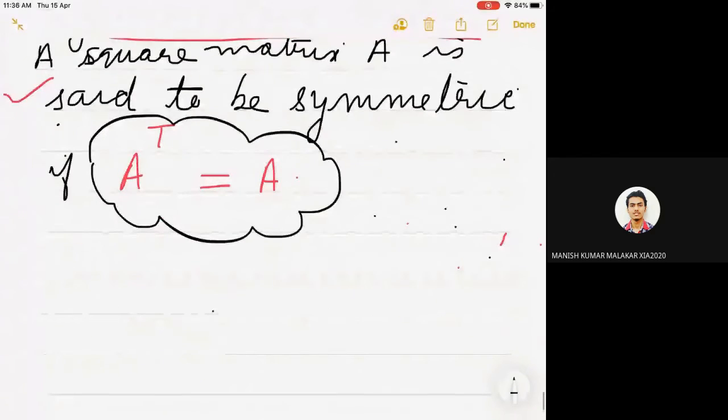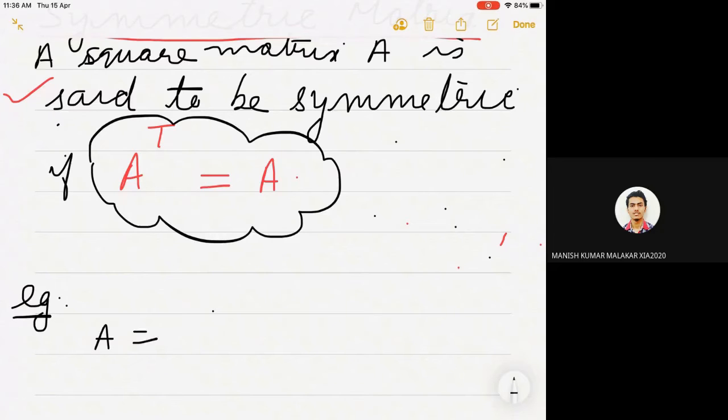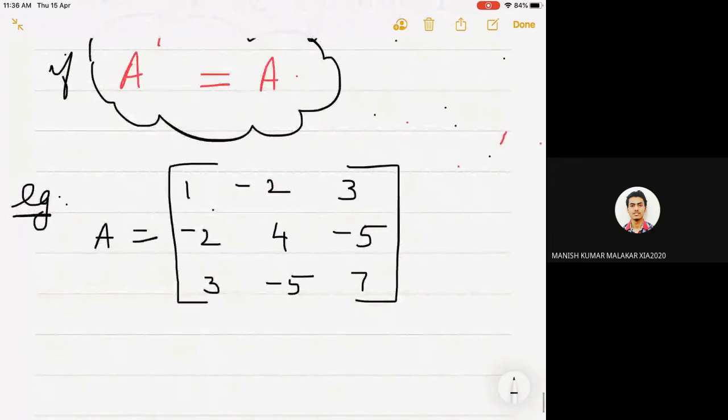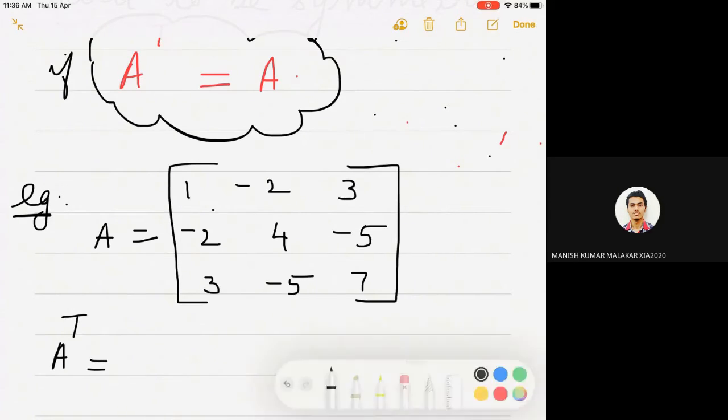Example, suppose I am taking the matrix 1, minus 2, 3, minus 2, 4, minus 5, 3, minus 5, 7. It's a square matrix, you can note down. And what happens if you take A transpose? A transpose means you have to make the rows to columns.